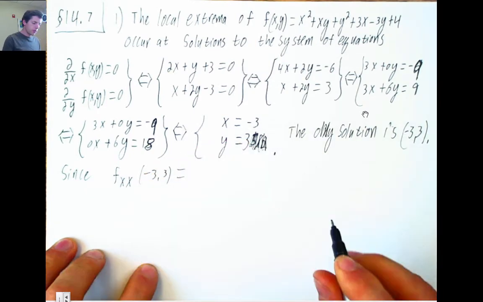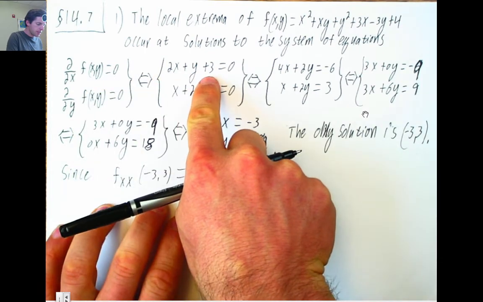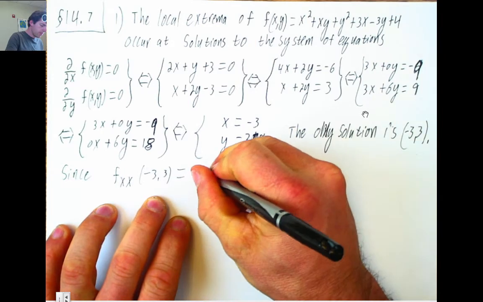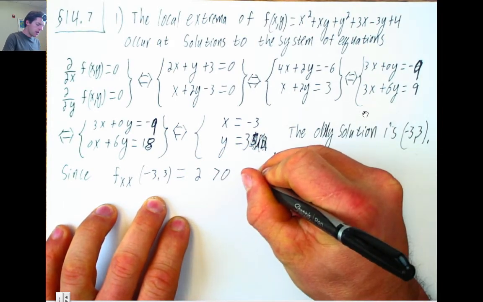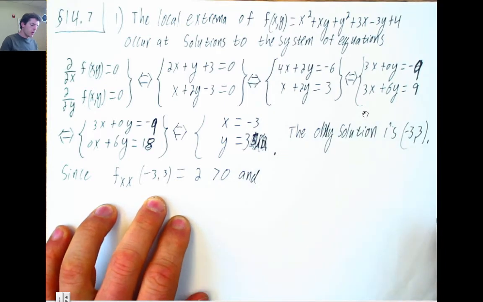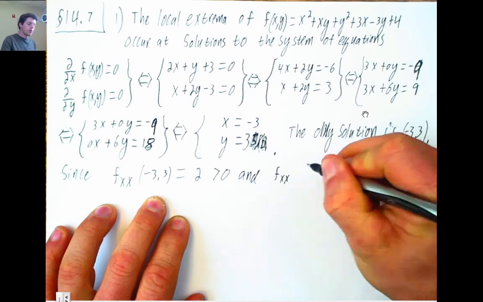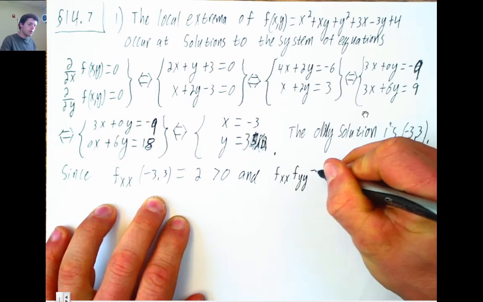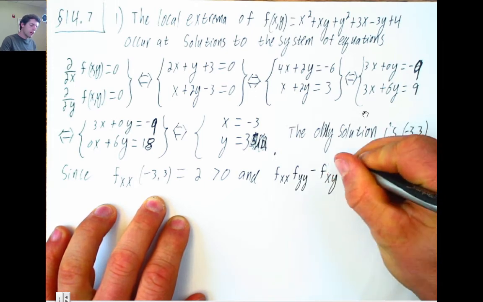Let's see, what is the second derivative with respect to x? The first derivative with respect to x was this, and so the next derivative would be 2. Okay, and that's greater than 0. And the discriminant is fxx, the second derivative with respect to x, times the second derivative with respect to y, and you subtract the mixed derivative fxy squared.